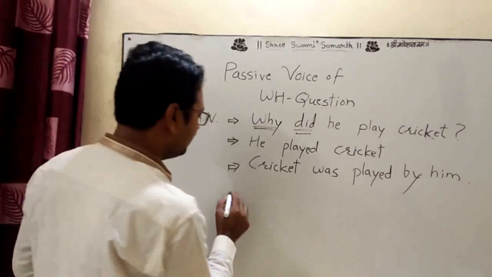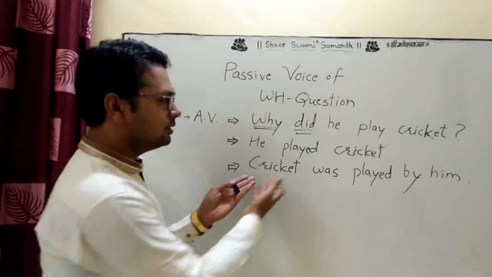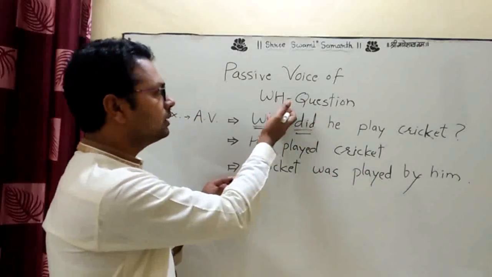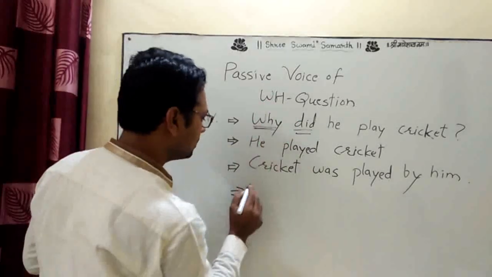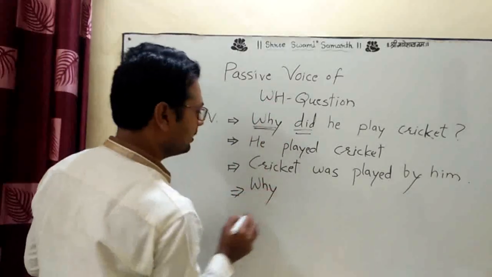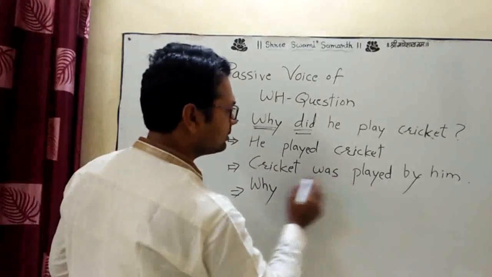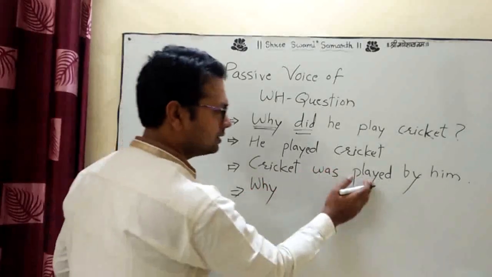Now we want to make the WH question. This is a simple assertive sentence. We want to make the WH question, that's why we add a WH word. What is our WH word? Why. After the WH word, there is a helping verb. In this sentence, which is the helping verb? Is cricket a helping verb? No. Is played a helping verb?